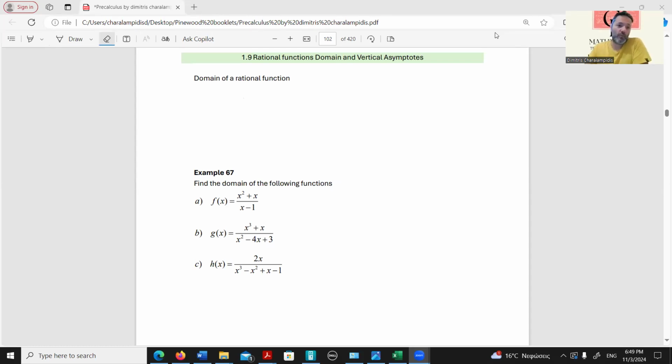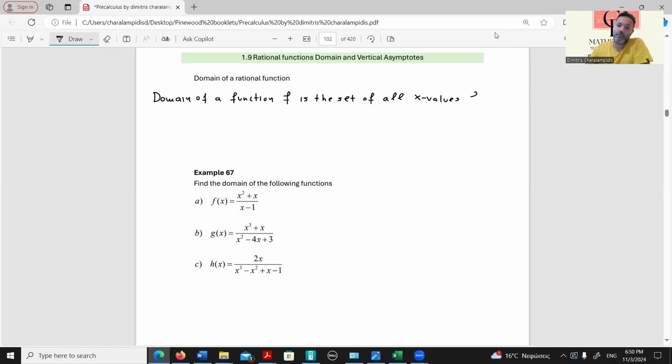We know by now, because we have seen that in earlier videos, that the domain of a function f is the set of all x values for which the function makes sense.